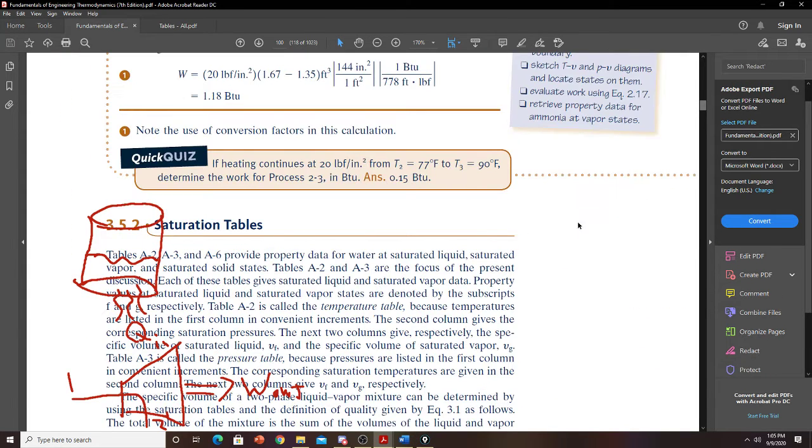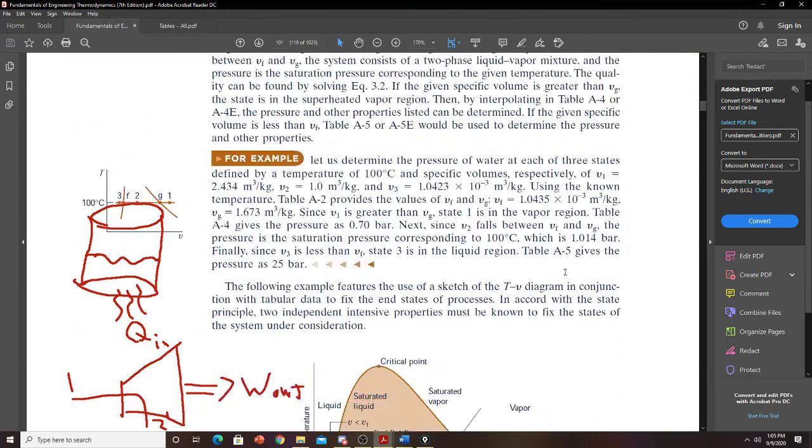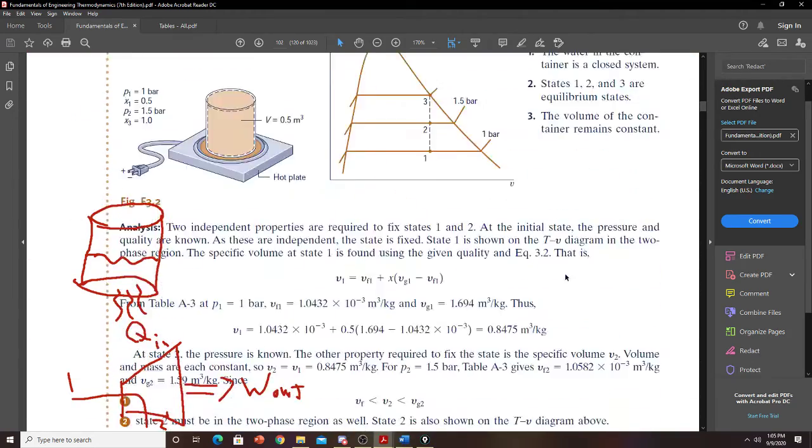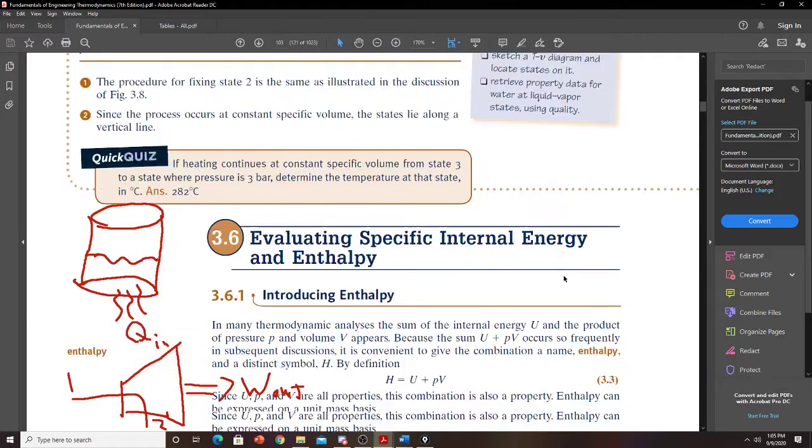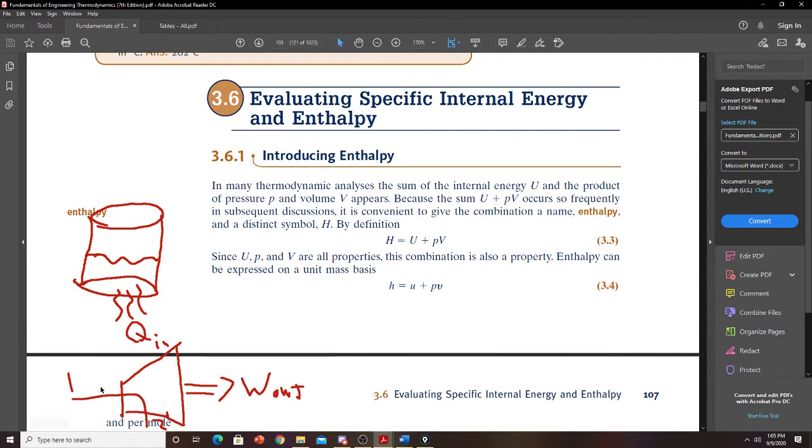What that means is that for an open system, where mass is able to flow outside of the boundary, like for example, the boundary is this turbine, mass is flowing into it and then leaving it, correct? This is where you use enthalpy.